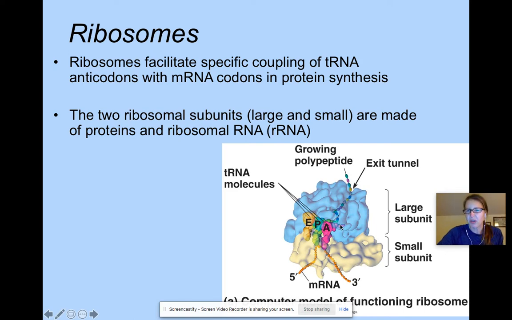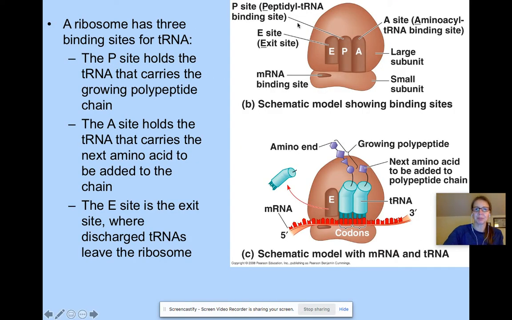I'm going to show you a cartoon version of it because it's a little bit easier. Okay, so here's the ribosome and its cartoon version. The mRNA binds to the small subunit, and then we've got the large subunit that has three binding sites.